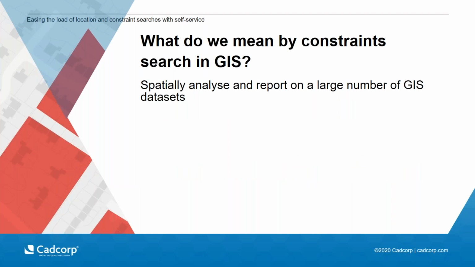So, taking a step back, what do we mean by a constraint search? Today, we're specifically discussing the need to spatially analyse and report on a large number of GIS datasets. At a simple level, we're interested in a location, or for this example perhaps within 50 metres of a location, and we want to know if there's any GIS data here.